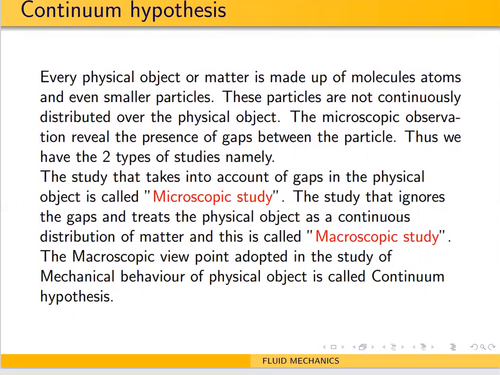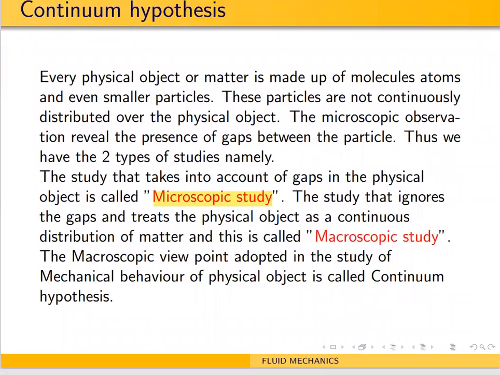Thus, we have two types of studies, namely, the study that takes into account these gaps in the physical object, and this study is called microscopic study. The study that ignores the gaps and treats the physical object as a continuous, the word continuous is very important, continuous distribution of matter, is called macroscopic study.